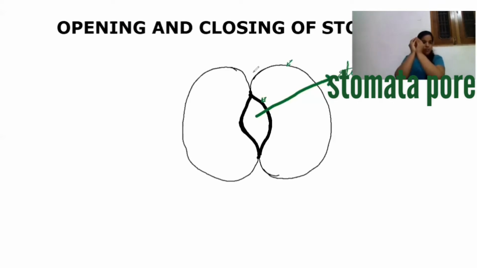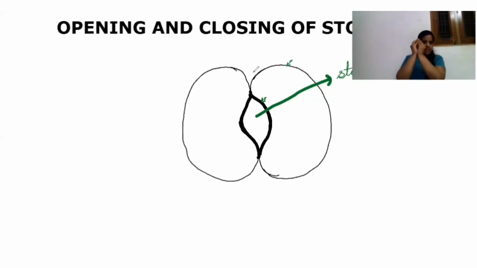When the active proton pump mechanism occurs, the guard cells open like this. The main feature is the inner wall of the guard cells, which is highly thickened as compared to the outer wall. And this is the closing of stomata, which is done by the plant growth regulator, which we are going to discuss today in the video.